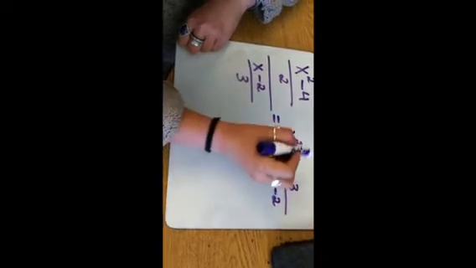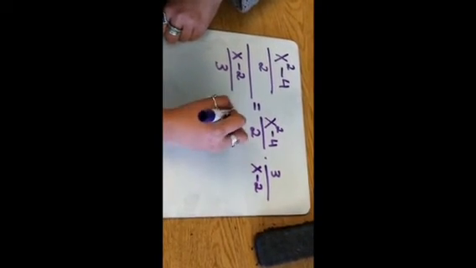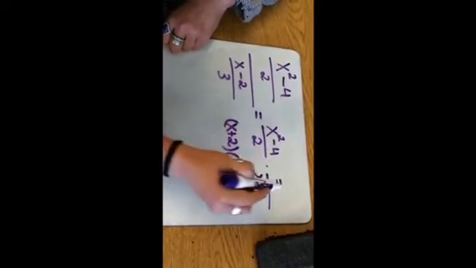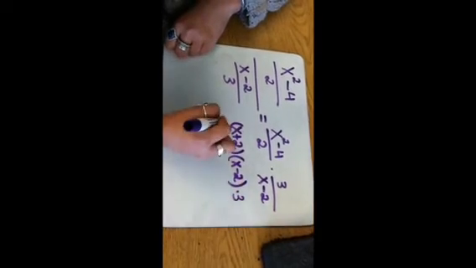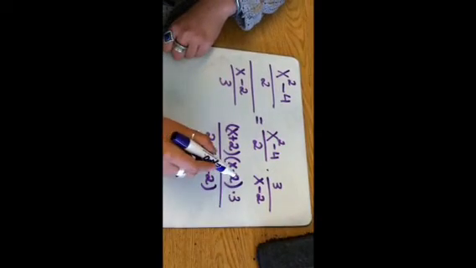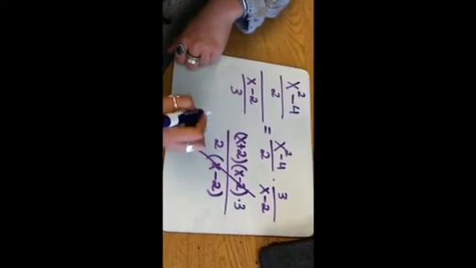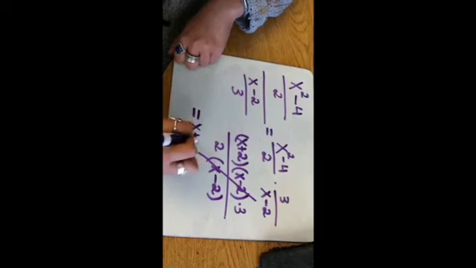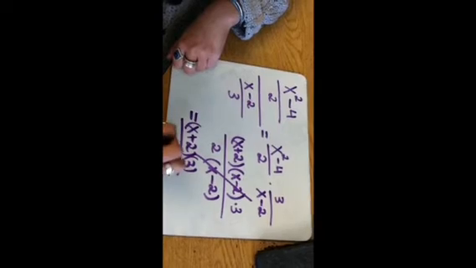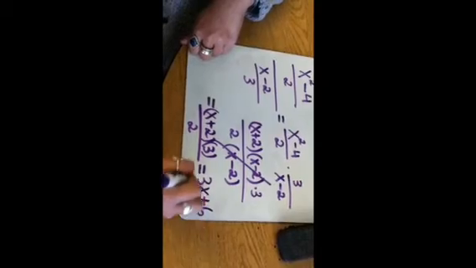Now, x squared minus 4 can be factored into x plus 2 multiplied by x minus 2. We then multiply this by 3 over 2 times x minus 2. The x minus 2's are repeated in the numerator and the denominator, therefore they cancel out, leaving us with x plus 2 times 3 over 2, which then equals 3x plus 6 over 2.